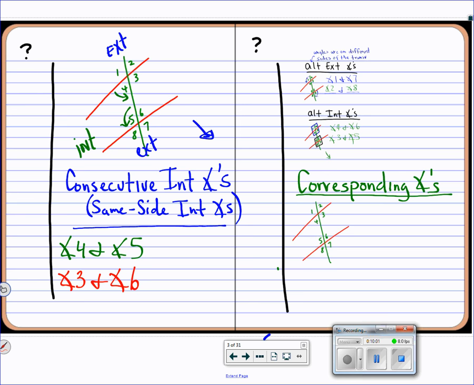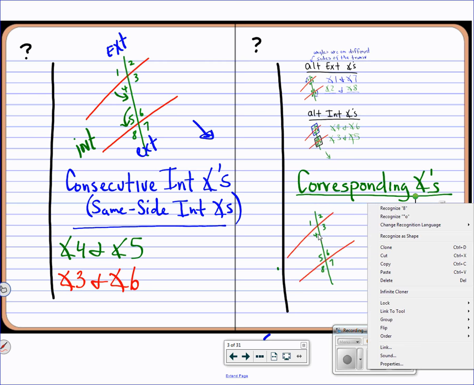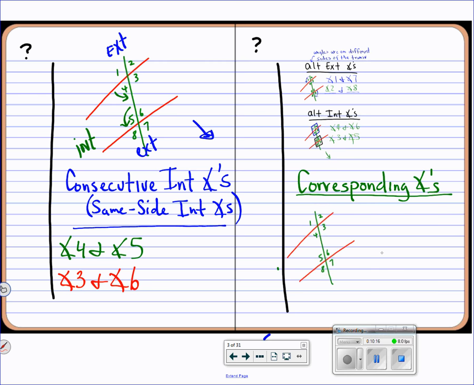Now, corresponding angles, once again, are picking an angle from this set and another one from this set. So we're just not going to use the boxes right now. We want to graduate from that idea. Corresponding angles are angles that sit in the same spot. So if you take a look at angle 1, that's from this top angle.